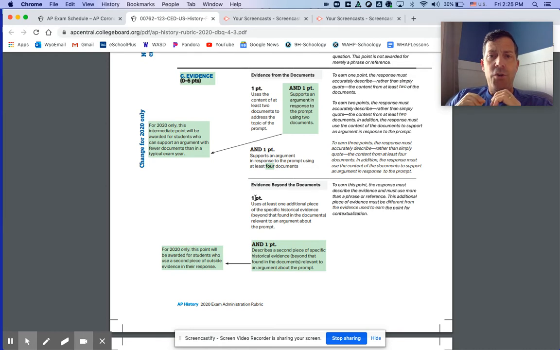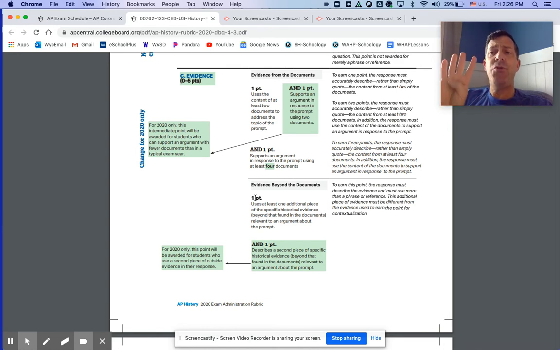Now, if you use 2 documents to support an argument that is connected to the prompt, like a true thesis, a true topic sentence, a true argument, then you get 1 point. So you use to address, 1 point; you use to support an argument, 1 point.